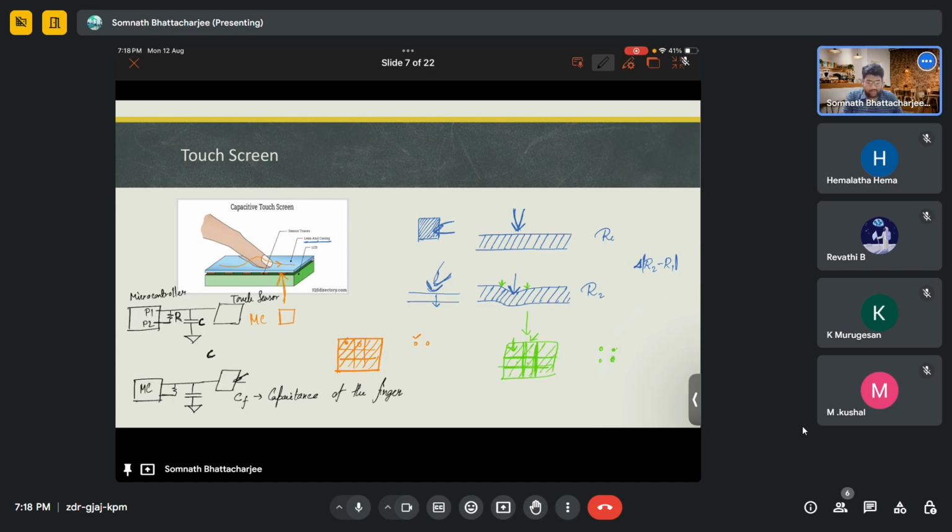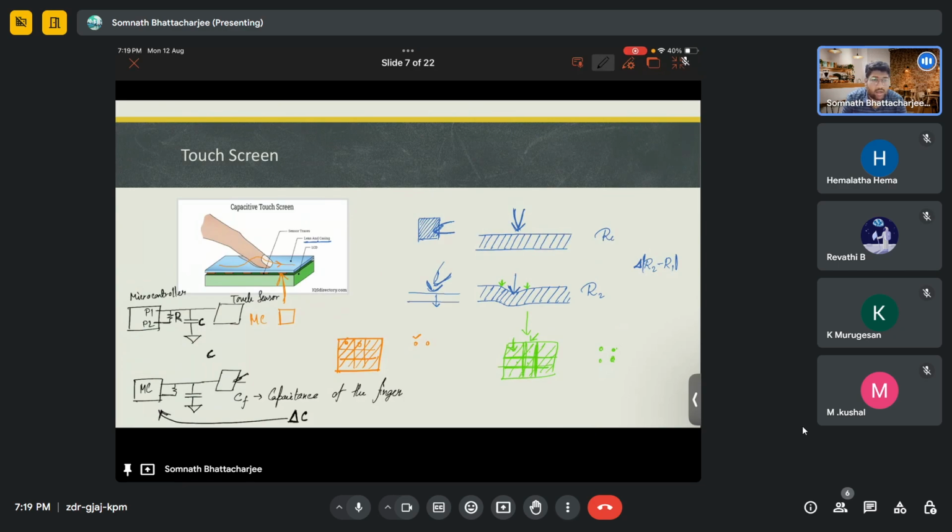The microcontroller will calculate this change in capacitance, the delta C, and it will give a response to how much pressure is applied to your device, or that specific area.